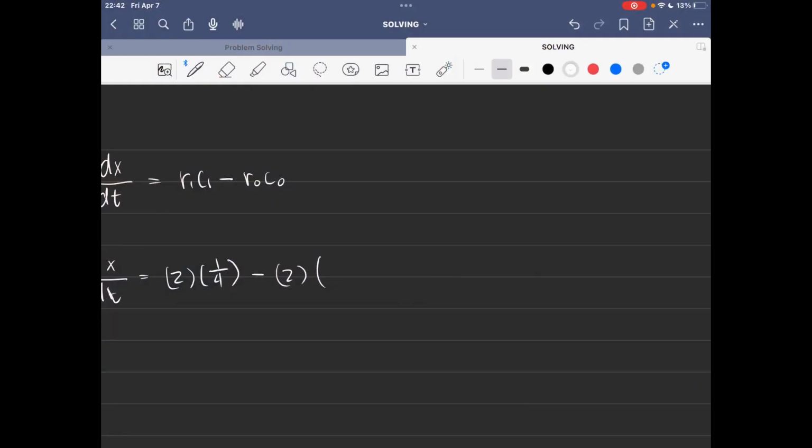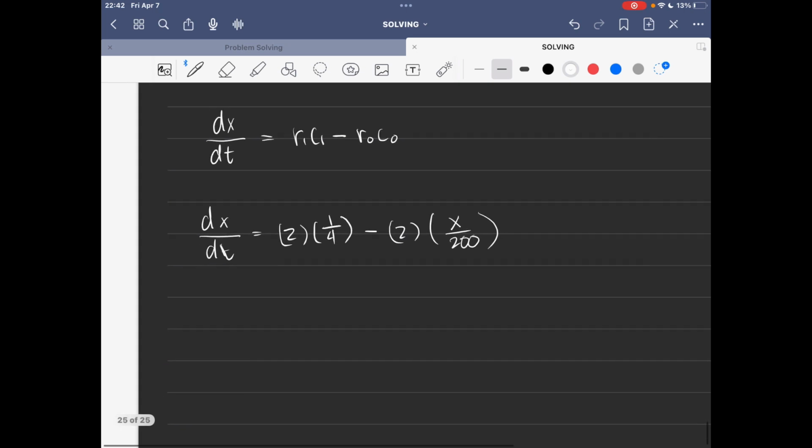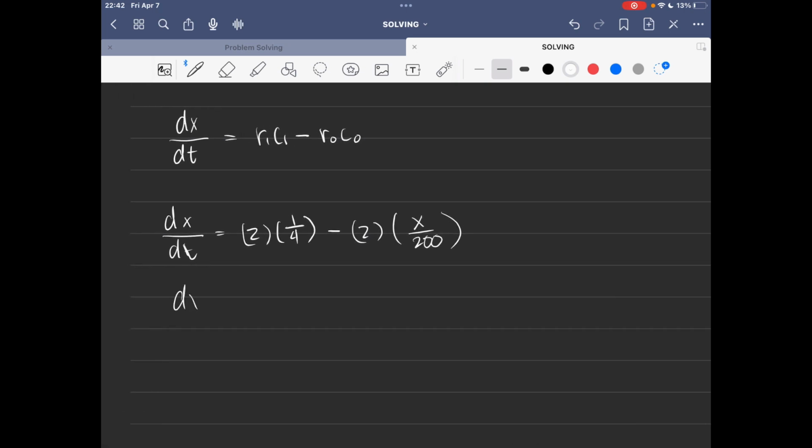So C sub O is X over 200. Then we can combine: dx over dt is equal to 2 times 1/4, which is 1/2, minus 2 times x over 200, which is 2x over 200.